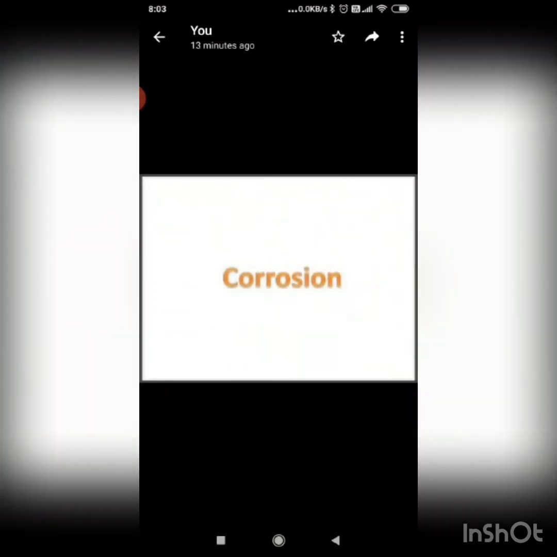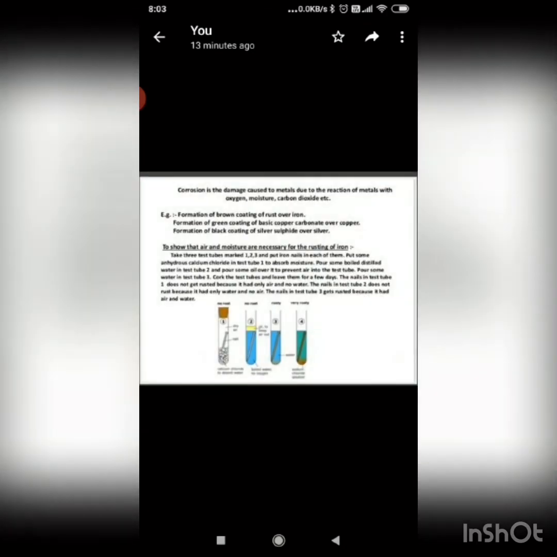So what is corrosion? Most of the metals keep on reacting with the atmospheric air. This leads to the formation of a layer over the metal. In the long run, the underlying layer of the metal keeps on getting lost due to conversion into oxides, sulfides or carbonates, etc. As a result, the metal gets eaten up, and this process is known as corrosion.